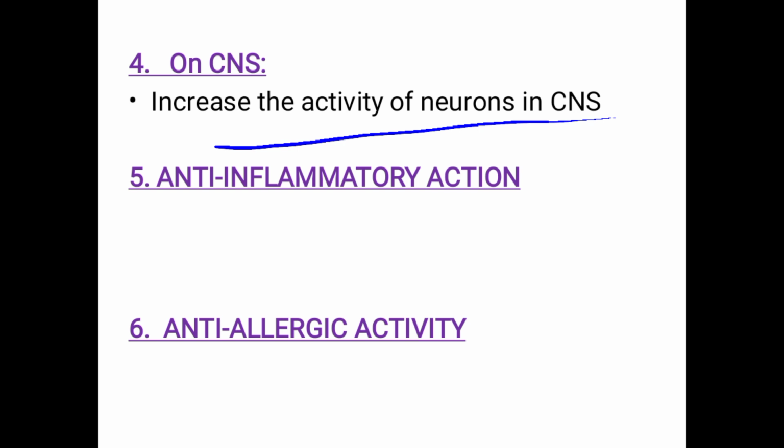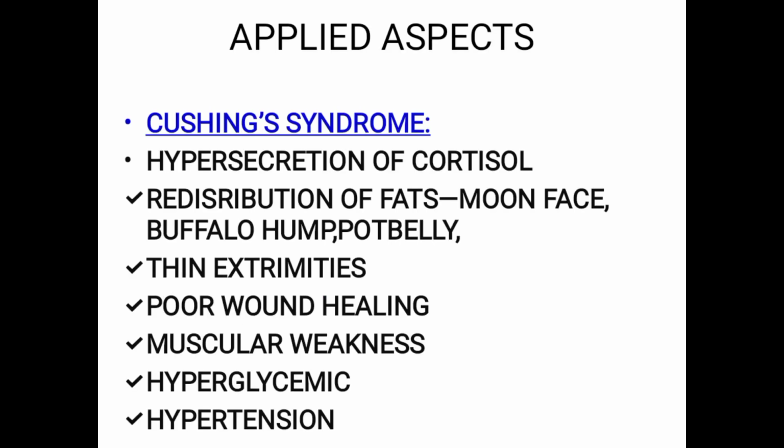That is anti-allergic activity. Usually if foreign substances or any tissues or organs are implanted in our body, first an allergic reaction will take place. So cortisol will prevent this allergic action through immunosuppression. So these are the important functions of cortisol.